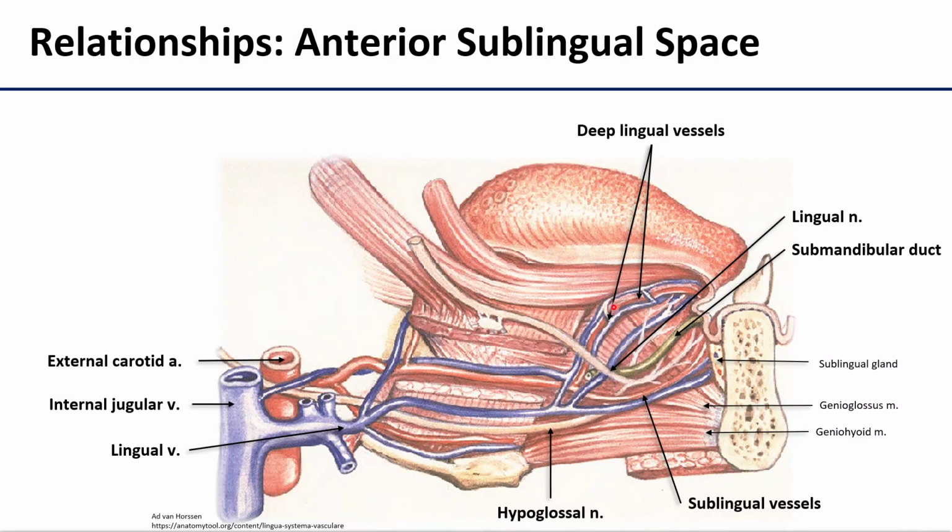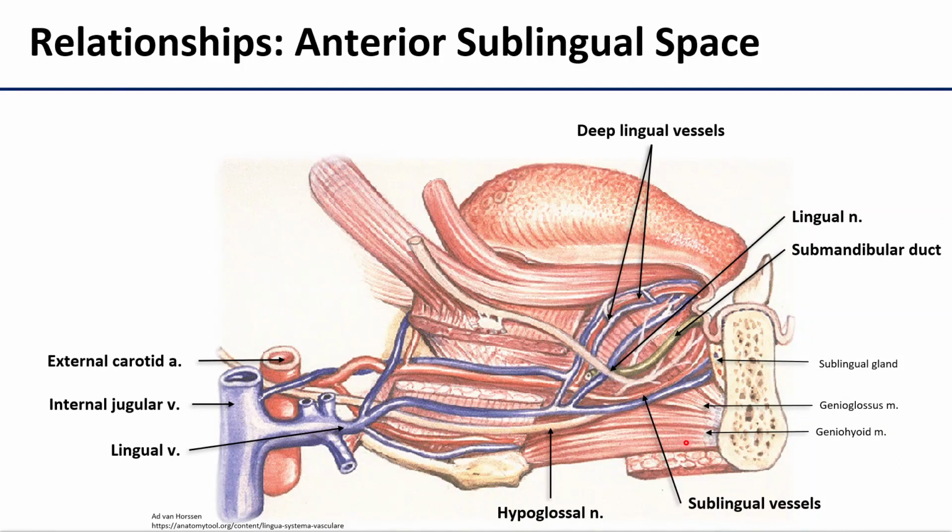We can see the neurovasculature in this area sorting itself out by where it's going to go. So for instance, we can see that relationship of the lingual nerve and the submandibular duct. We can see the deep lingual vessels running together up along the deep surface of the tongue, and we can see the sublingual vessels and hypoglossal nerve heading into the deep sublingual space.